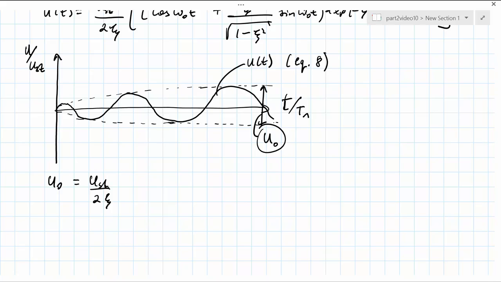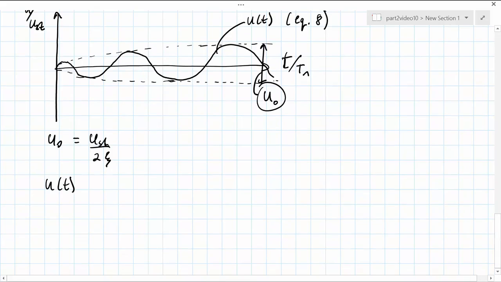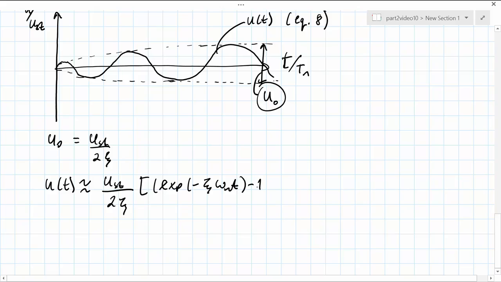So equation 8 now becomes u(t) approximately equal to u static over 2 zeta times the exponential function of minus zeta omega n t, minus 1, times cosine omega n t.